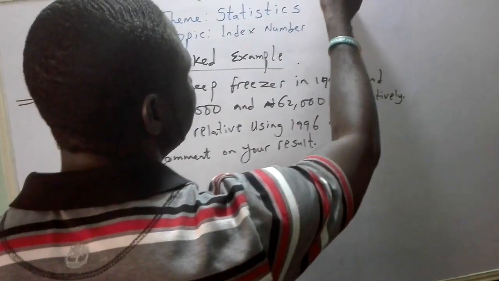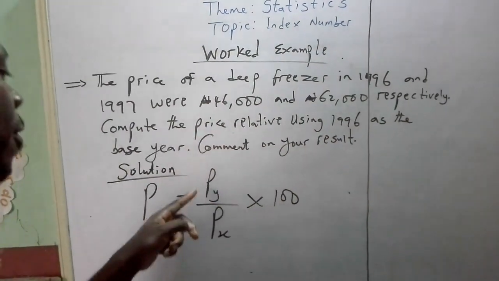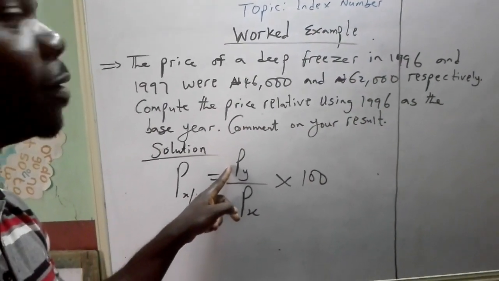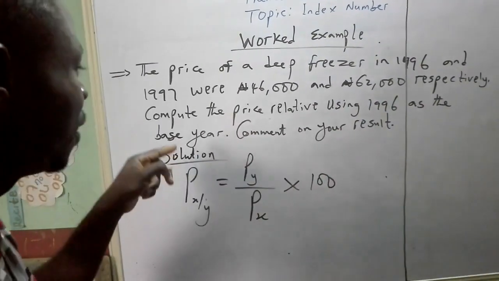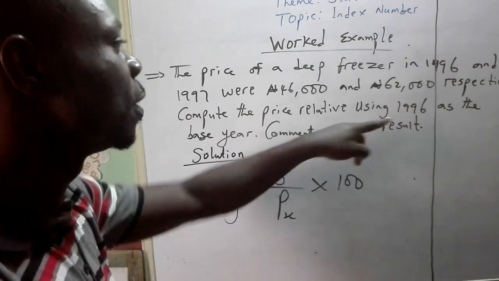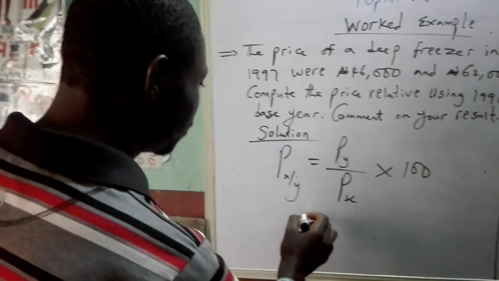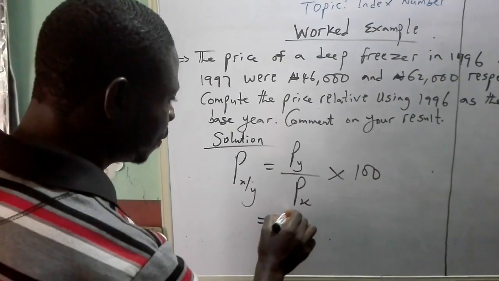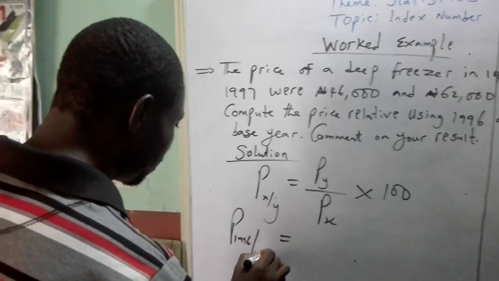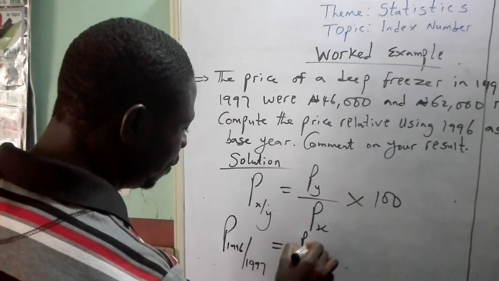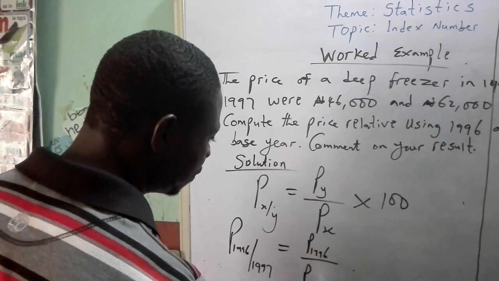So now what is the price of the commodity in a given year? Is 62,000 naira. Here now, even in the question, it has been said that you should use 1996 as the base year. So this is an expo for you. So all you have to do is to write the base year, which is P 1996 by 1997. So you have P 1996 over the price of a commodity in 1997.